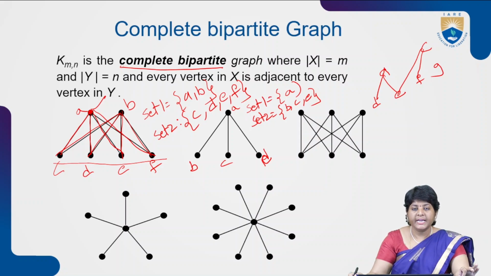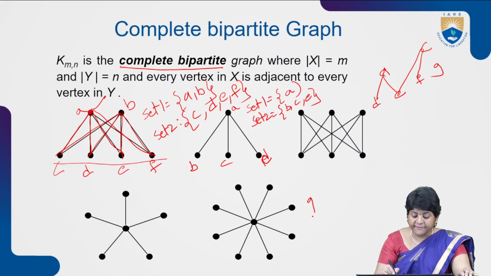So simple. Every vertex of set 1 needs to be connected with all the vertices of set 2. Then it is said to be complete bipartite.